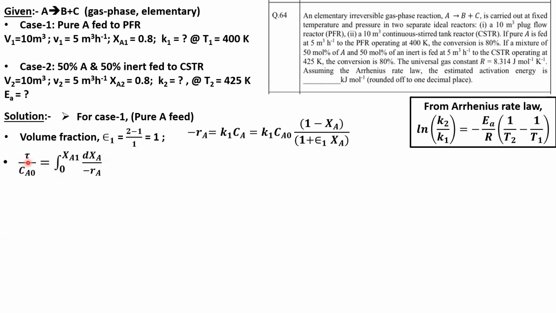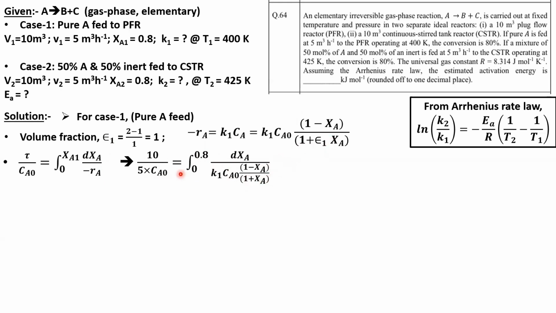So tau is basically the ratio of volume of PFR to that of the feed flow rate, which is 10 by 5. So we will substitute that as well as the rate expression. So 10 by 5 into Ca0 is equal to integral 0 to 0.8 dXa by K1 Ca0 into (1 minus Xa) by (1 plus Xa), because epsilon 1 was found to be 1.